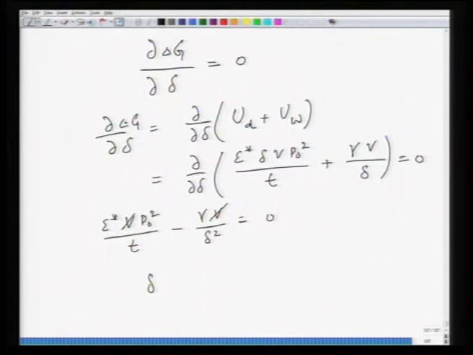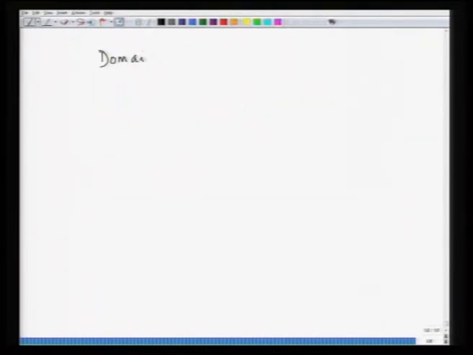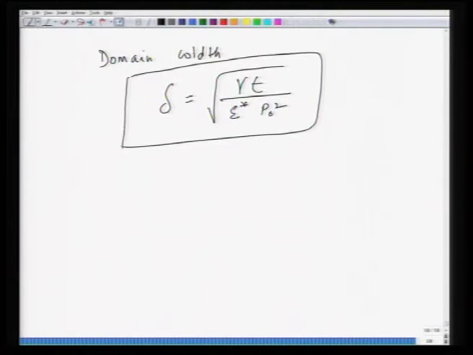So, delta square is equal to gamma T divided by epsilon star P naught square, which means the domain width delta is given as the root of gamma T divided by epsilon star P naught square. This is the equilibrium domain wall width, which leads to minimization of free energy, and as you can see in this expression, you have dependence upon the polarization.